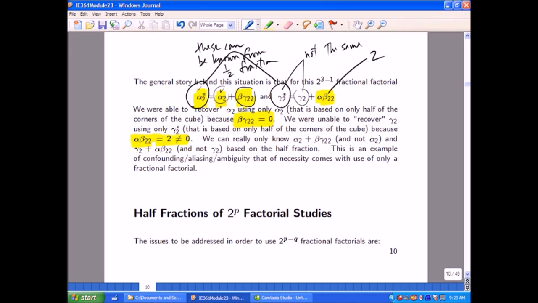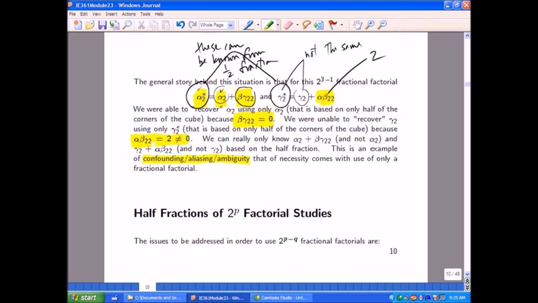All I can know is them plus another term. That's called confounding or aliasing, or I will call it ambiguity, and that comes of necessity with the use of just a fraction of the factorial. Okay, so that's general motivation here.